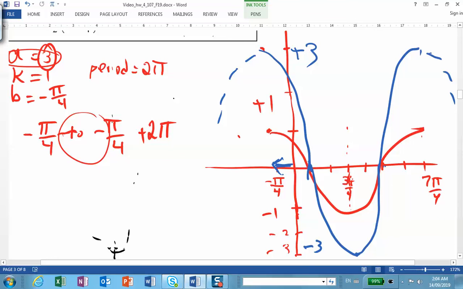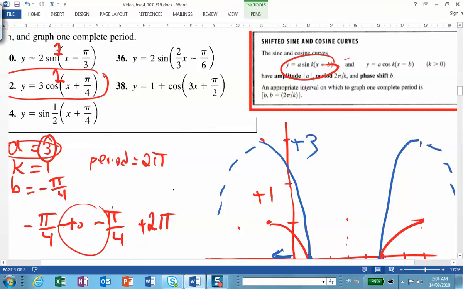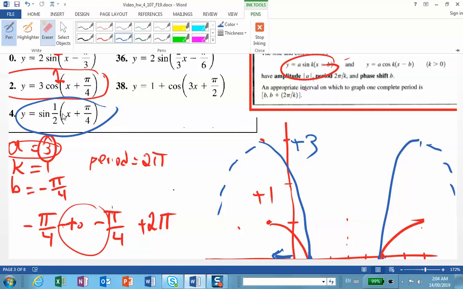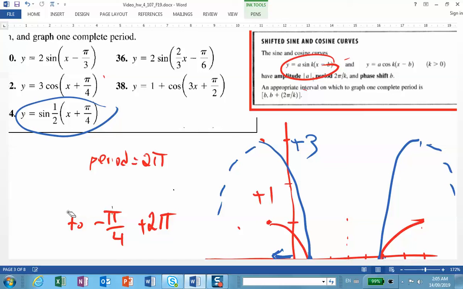Okay, let's worry about this one now. I have to do some cleanup here, so let's do a cleanup. Get rid of this, and that, and that, and that. Get rid of all of these. What you should do after you do this problem manually is go and plot it with your calculator, and they have to match.